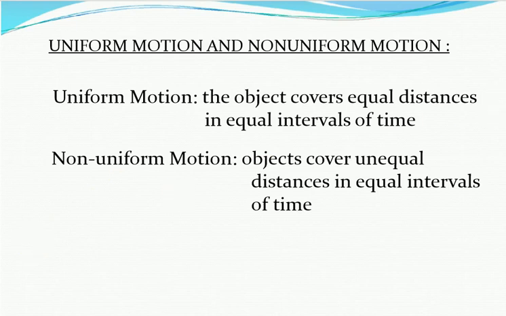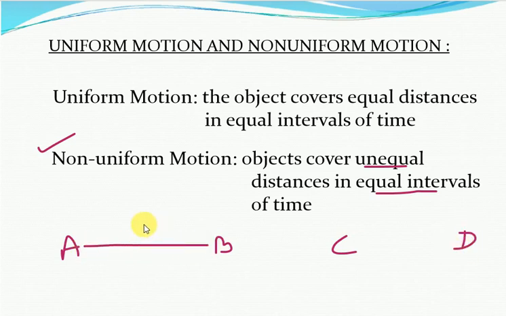Now in case of non-uniform motion, what is it? The object covers unequal distances in equal times. So here the time interval is the same, but the distance interval is not the same. Suppose from point A the object has started its motion, it will go to point B, then from B to point C, then point C to point D. From point A to point B, suppose the distance is 500 meters.